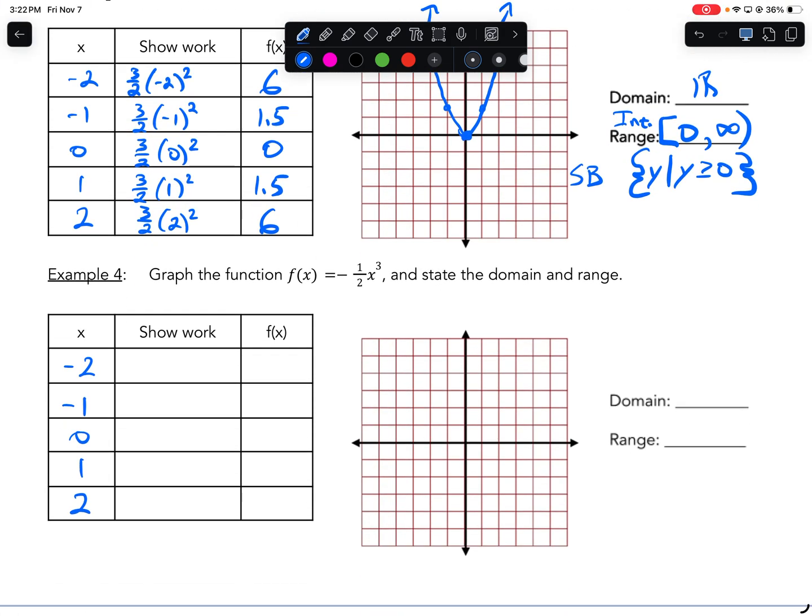Okay, let's plug this one in. -1/2 times -2 cubed, -1/2 times -1 cubed, etc. This one also has a pattern, but it doesn't exactly repeat. It goes positive to negative, right? Because our negative cubic finishes down.